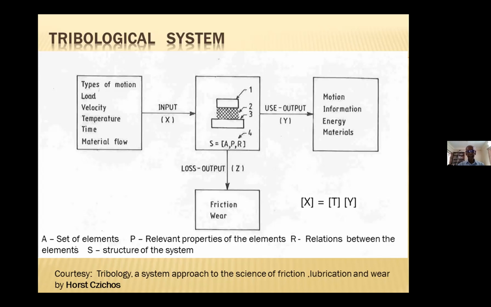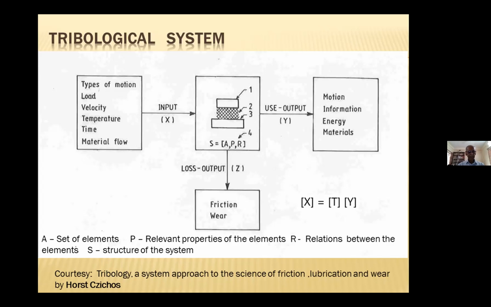And this is where a huge amount of experimental or empirical data is needed. And for hundreds of years, people have been doing this. They have been relying on experimental results and trying to simulate and model friction and wear. But nevertheless, a system approach would work to an extent, but experimental and empirical data are essential.